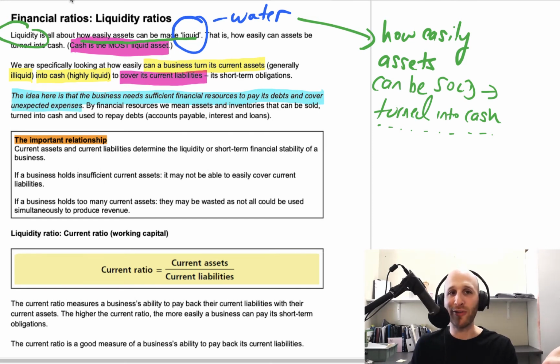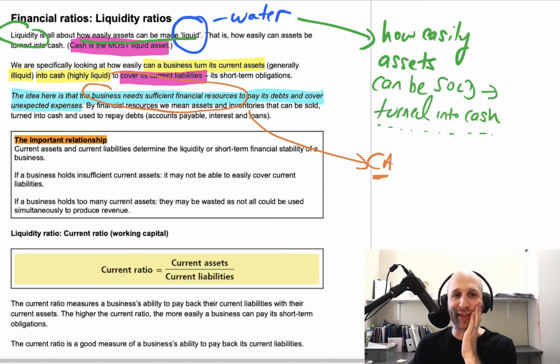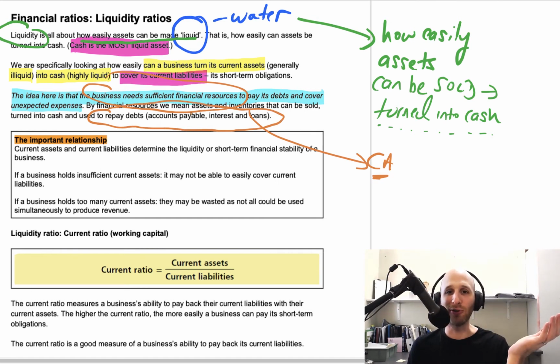So if we break this statement down a little bit further, what we are saying is that the business needs sufficient financial resources, and by that we mean the current assets, CA, and it needs these assets to repay its debts, things like accounts payable, interest, loans, and this here is the current liabilities.